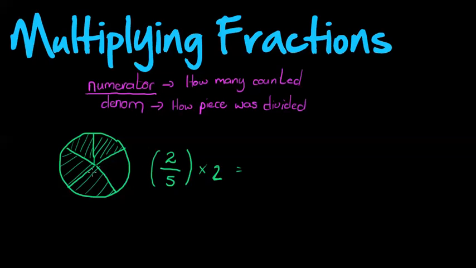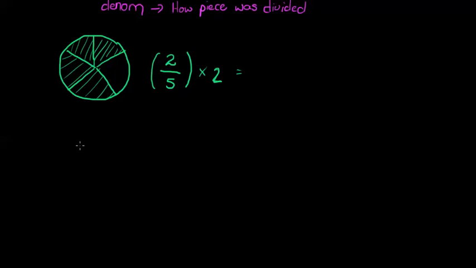When I multiply, I don't have more or smaller slices, so I don't divide everything with 2. No, I'm multiplying the numerator. For example, if I had 7 over, let's say, 20, and I multiply this with 4: 7 over 20 means something has been divided into 20 pieces, and I took 7 of those pieces.